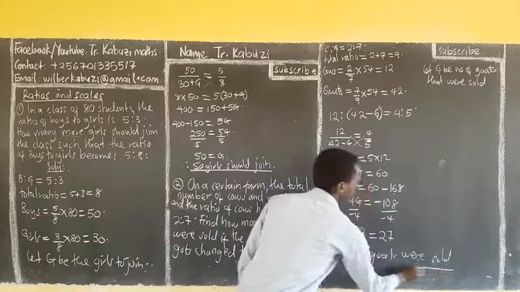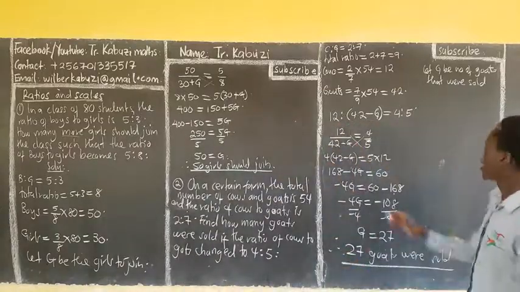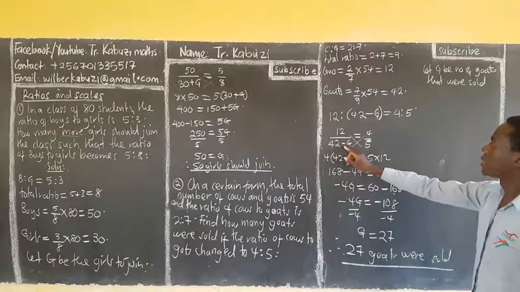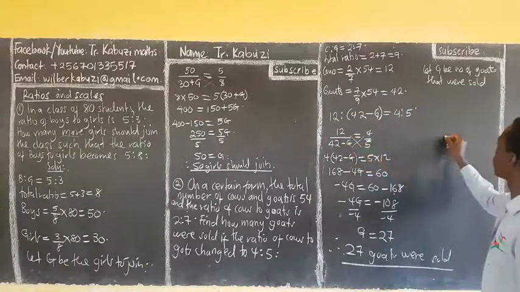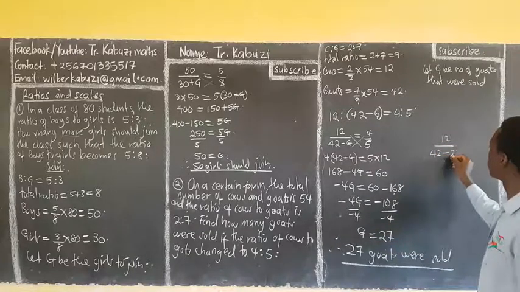Now check yourself, you just substitute. You want to see that you have 12 over 42 minus D, which is 27.